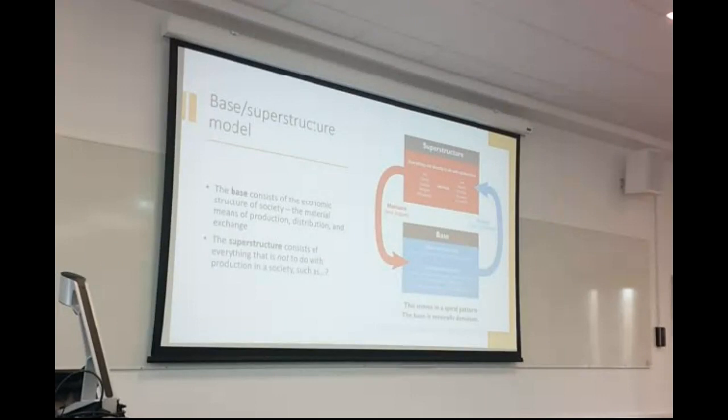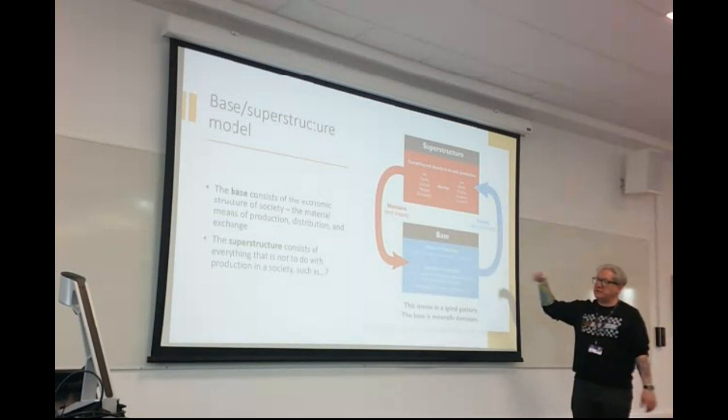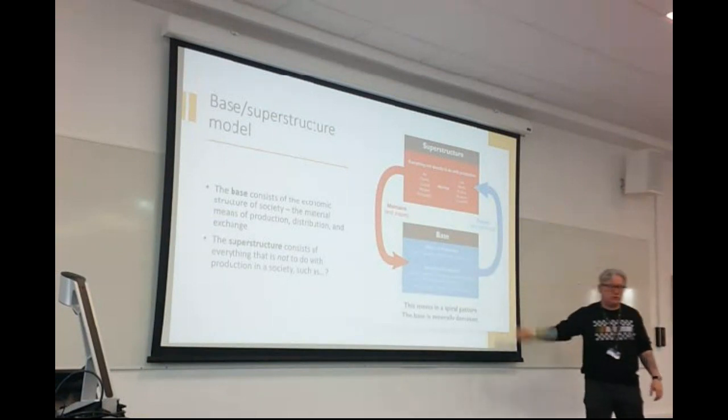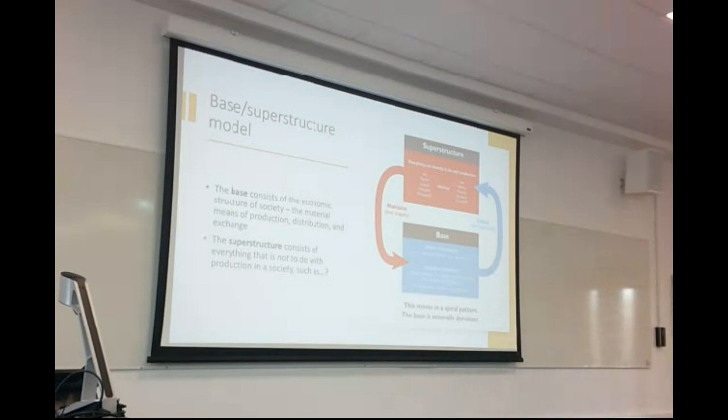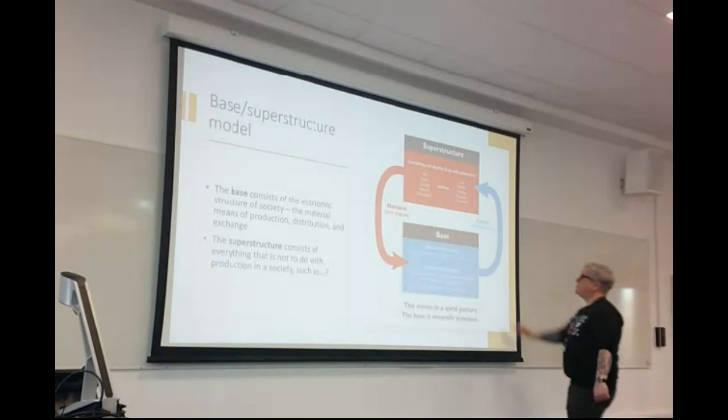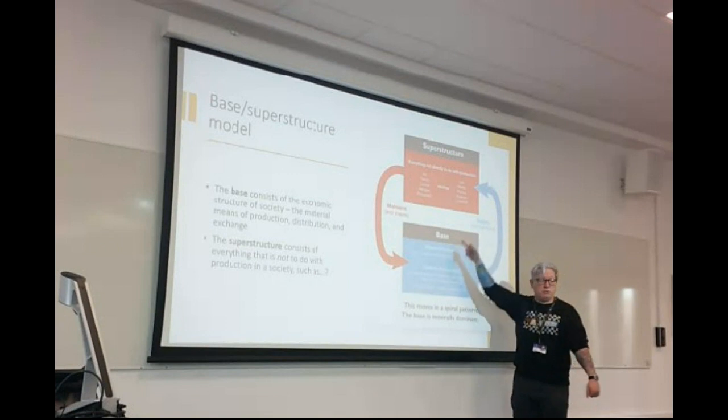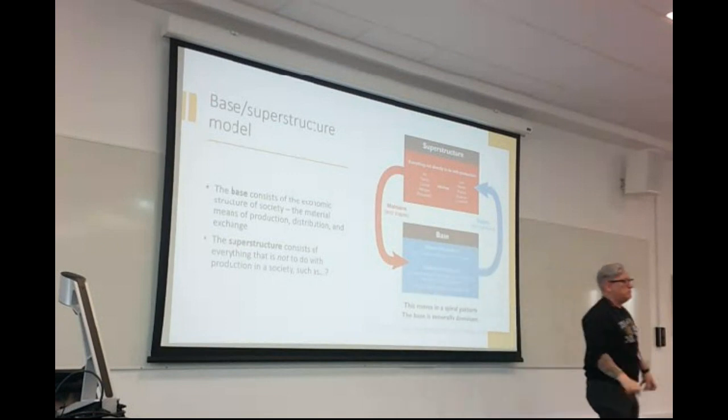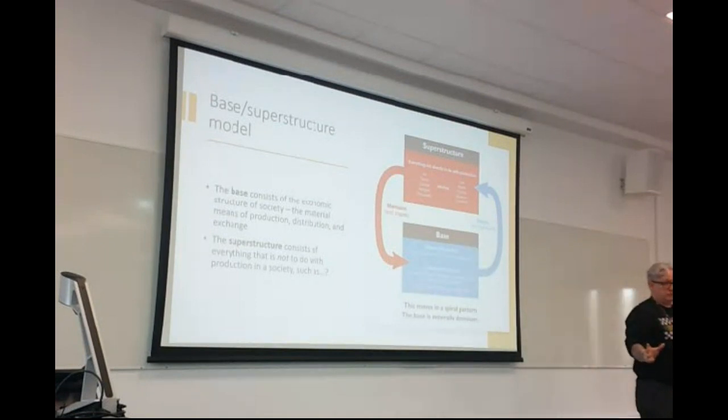This model is incredibly simple. The base consists of the economic structure of society, the material means of production, distribution, and exchange. So basically, what Marx is saying is that at the base of society, we have those guys who own stuff. The media company owners. That base shapes and maintains the superstructure, which in very simple terms means culture.